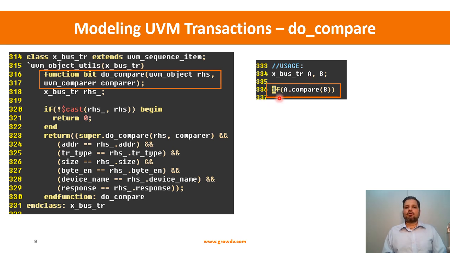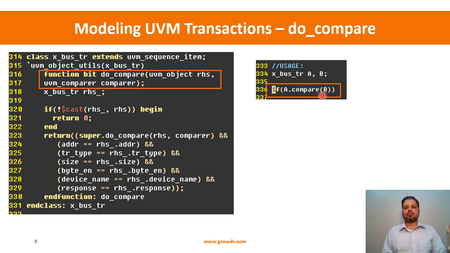So I am now doing A dot compare B, and now both of these objects are going to be compared. Of course, in order for line 336 to execute correctly, both objects must be present. If the objects are not present, it will obviously result in a null reference access, but I'm not showing you that part of the code because our primary focus is to understand how the compare functionality works.